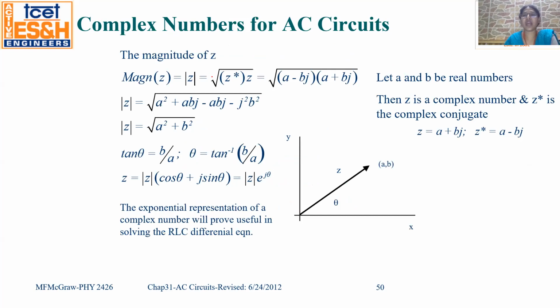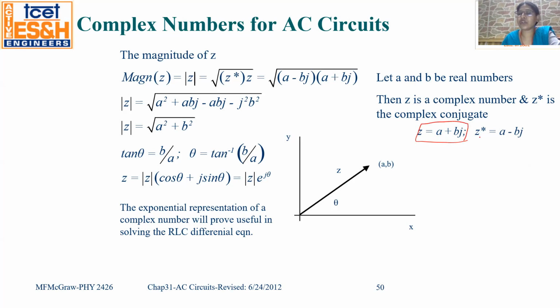Now when you deal with the inductor and capacitor, we have one term, impedance, in our numericals. So before understanding the impedance portion, you have to understand what a complex number is and what a complex conjugate is. Suppose A and B are two real numbers, then Z is represented like this in rectangular form, A plus Bj.